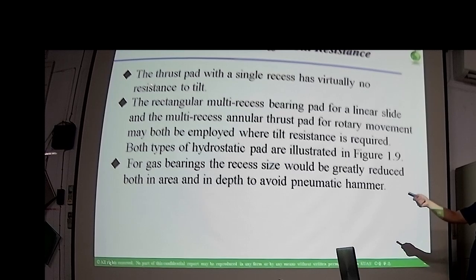So the thrust bearing with a single recess has virtually no resistance to the tilt moment.